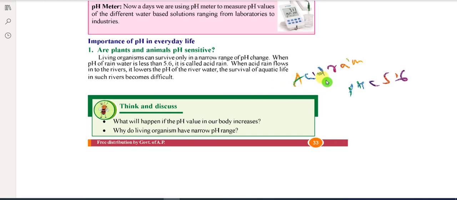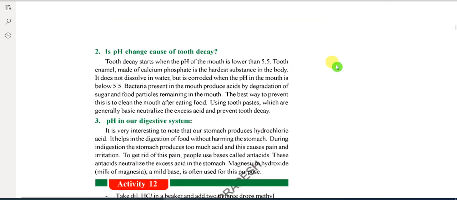That is the main point. In tooth decay, the main point is pH less than 5.5, and enamel, calcium phosphate, is important. So by using toothpaste you can neutralize the acid.